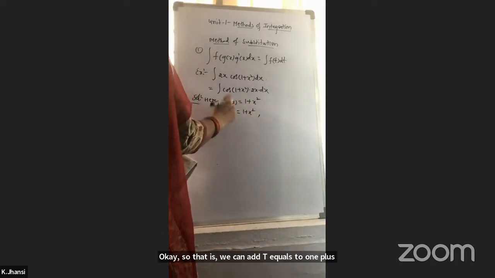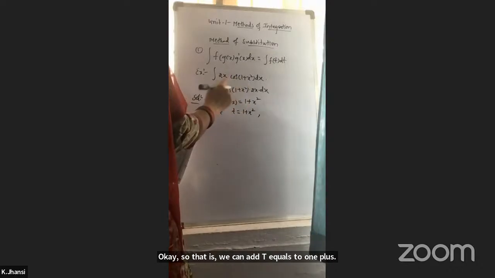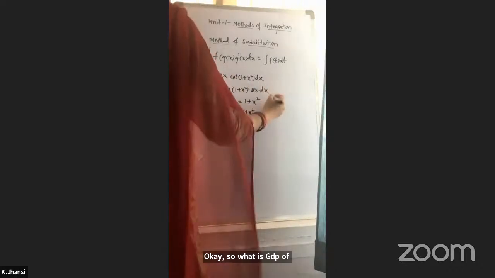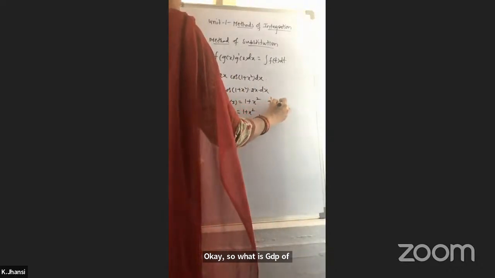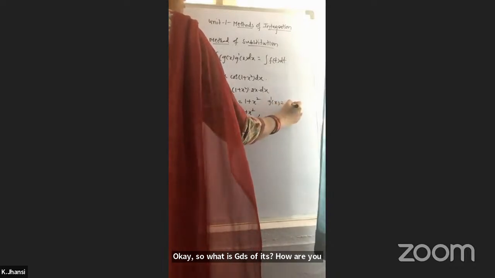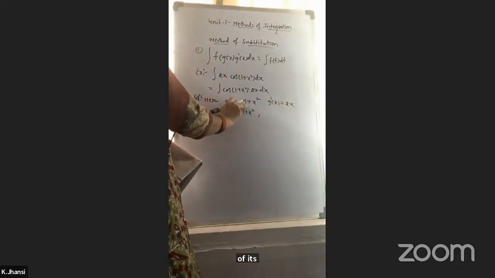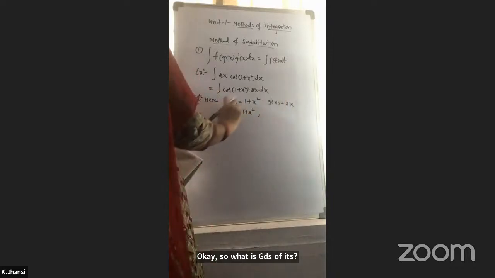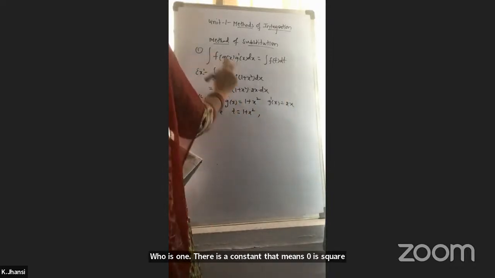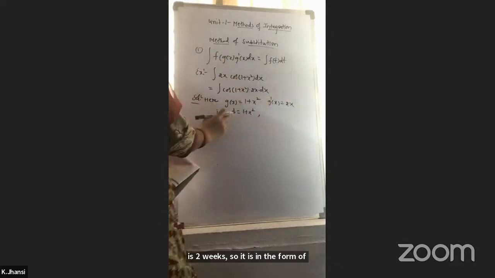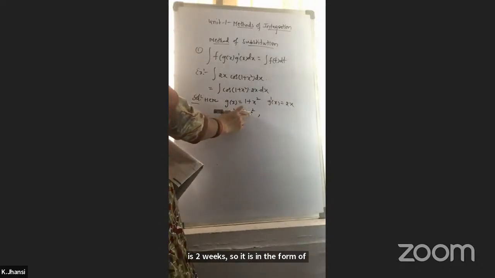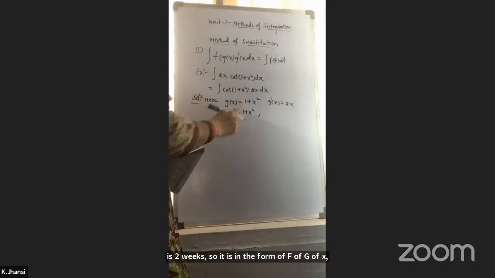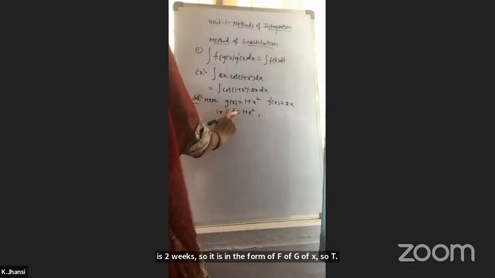So what is g dash of x? We already know g dash of x is 2x. The constant term 1 is 0, and the derivative of x square is 2x. So it is in the form of f of g of x into g dash of x. We are taking t as 1 plus x square. So what is dt? You have to differentiate this.